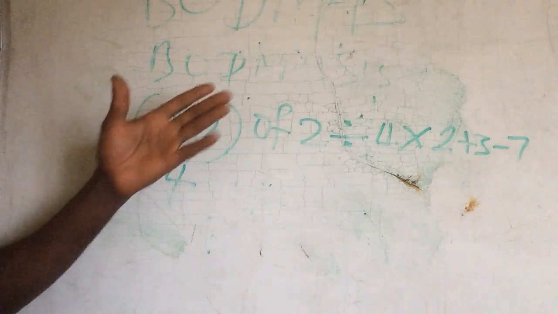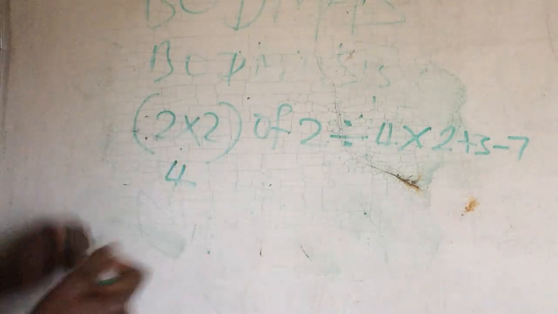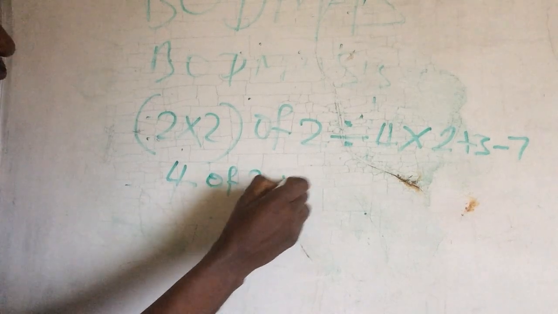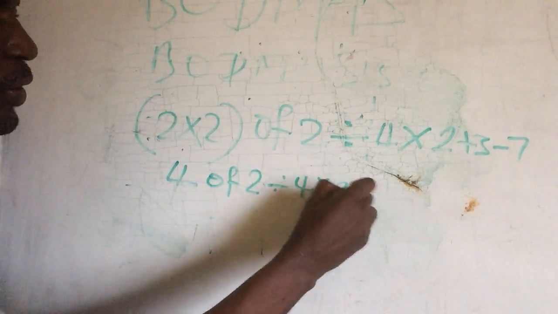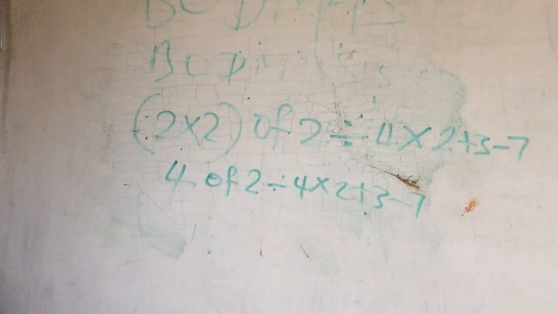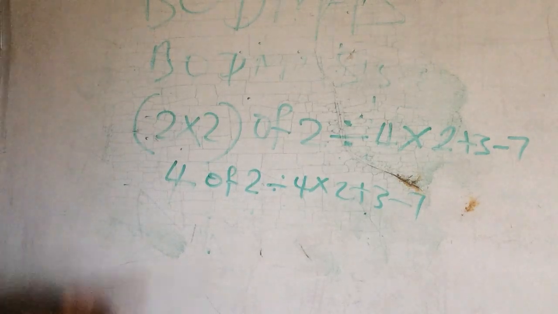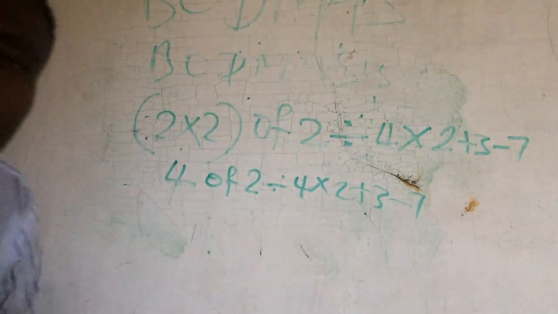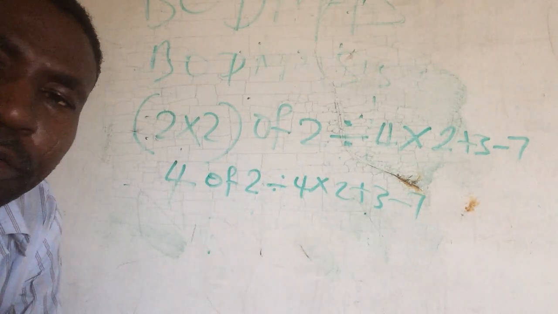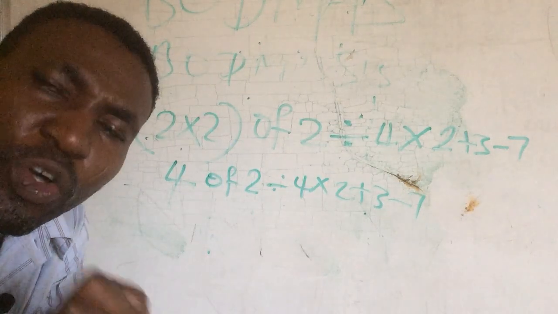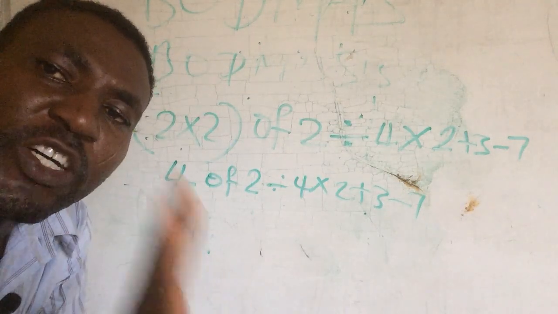Okay, let me just be doing it simply for you to understand. 4 of 2 divided by 4 times 2 plus 3 minus 7, for example. So now, secondly, take away of. If you want to take off of in mathematics, you just put a multiplication sign.